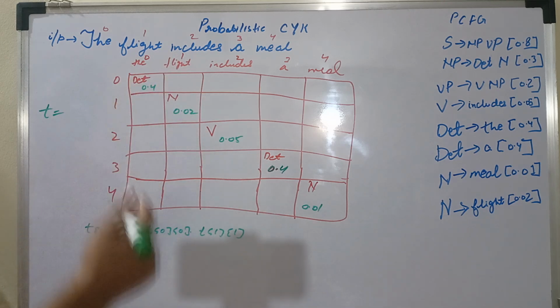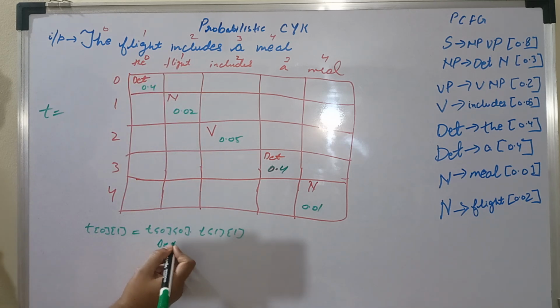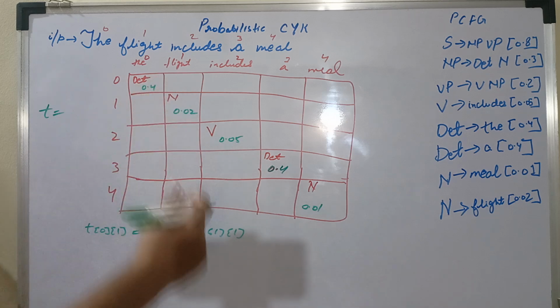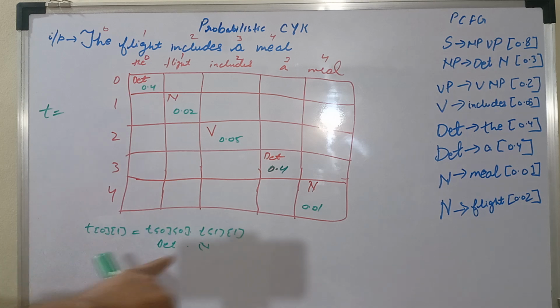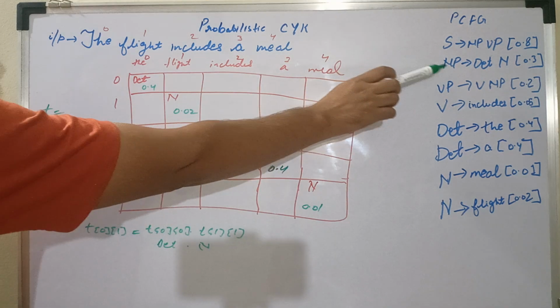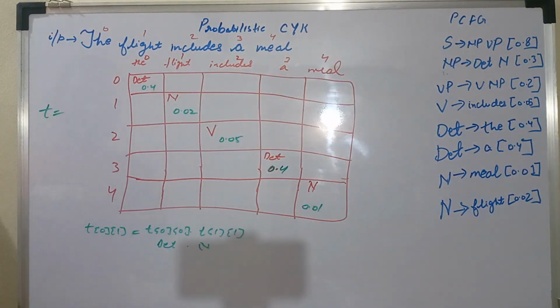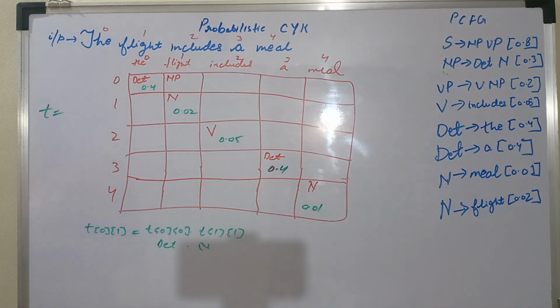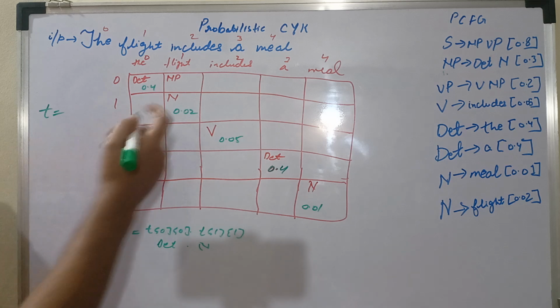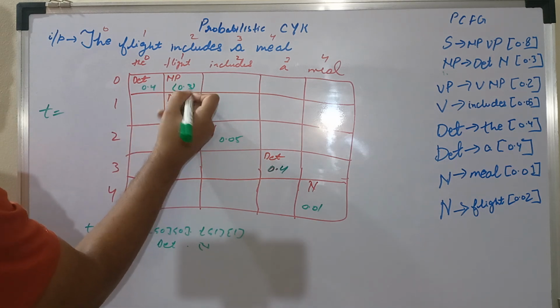T 0 0 contains Det, and 1 1 contains Noun. So we look for a rule which has Det N. The second rule has Det N, so it comes from NP. So this becomes NP, and the probability is 0.3, so we write that 0.3.